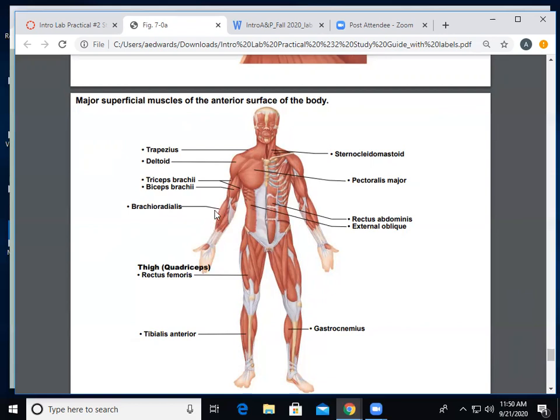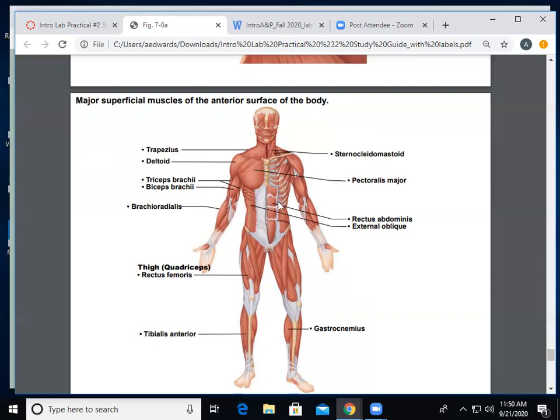And to help you remember this name, brachio means arm, radialis has to do with the radius, right? Radius is, I told you when you're in anatomical position, it is on the thumb side of the arm. So that should help you remember that.